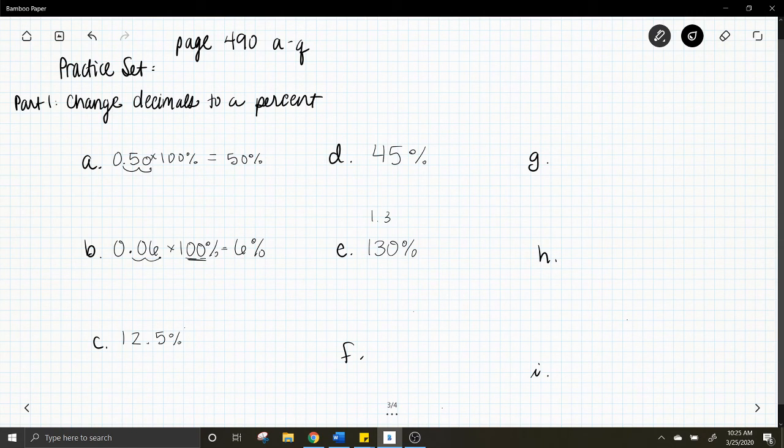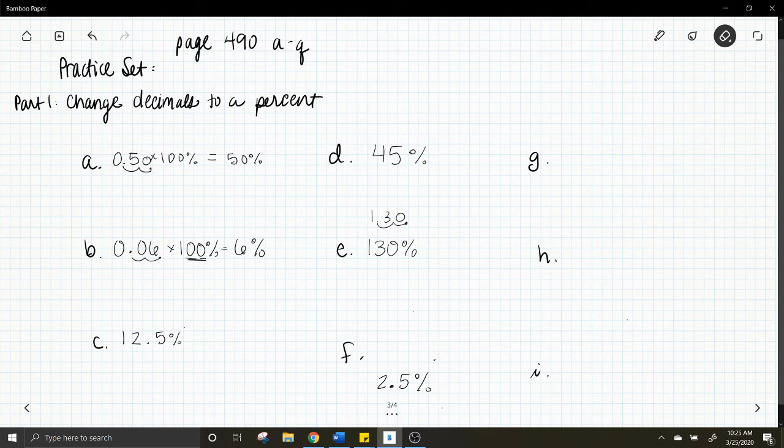Hopefully you saw moving that decimal over you'd have to fill that space in with a 0, 130%. Letter F is 2.5%. 2 5/10, however you like to say that. I might rewrite that, that looks especially bad.